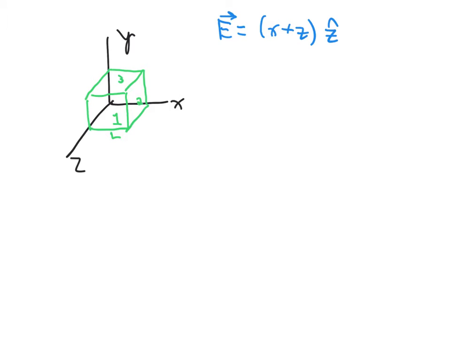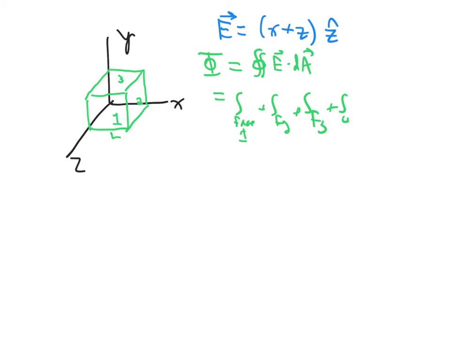And so we want to find the flux, which is the closed surface integral of E dot dA, which is going to be the open integrals over face 1 plus over face 2, and then face 3, face 4, face 5, and then face 6, all of these integrating E dot dA.